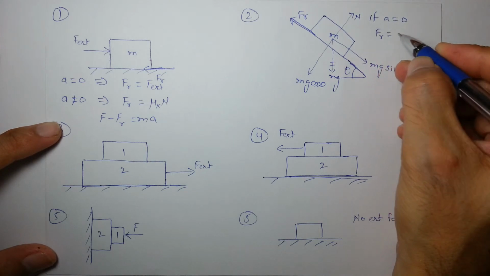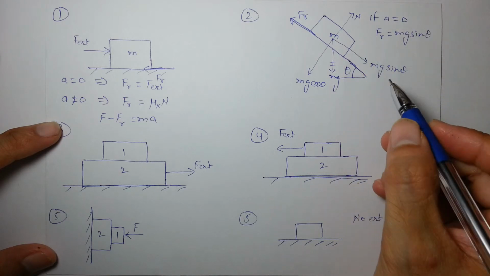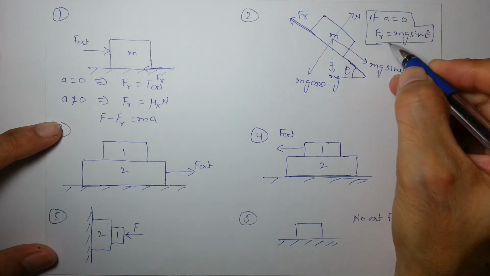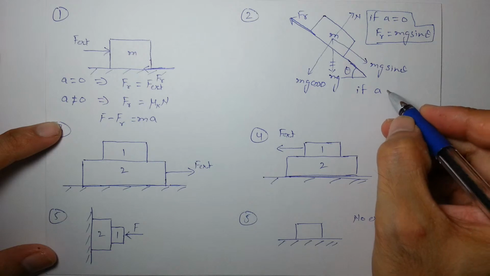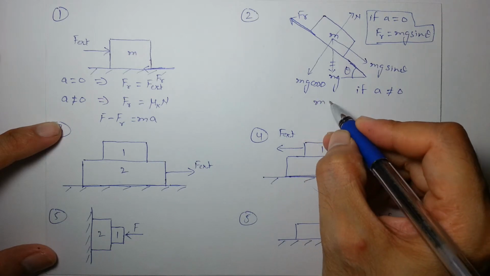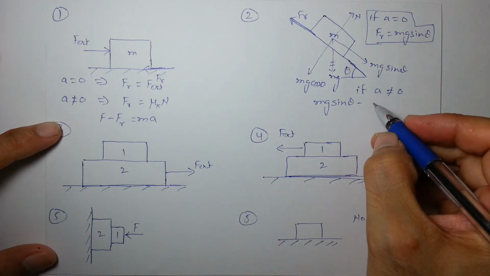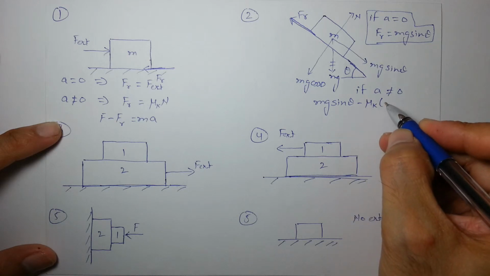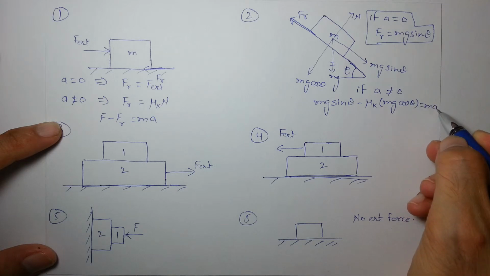Friction will be equal to mg sin theta, irrespective of normal reaction. If acceleration is down the incline, not equal to 0, then mg sin theta is greater than friction, which in this case is mu k N. N is nothing but mg cos theta, and the difference will give you ma.